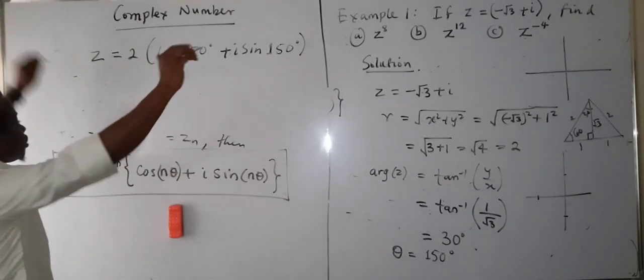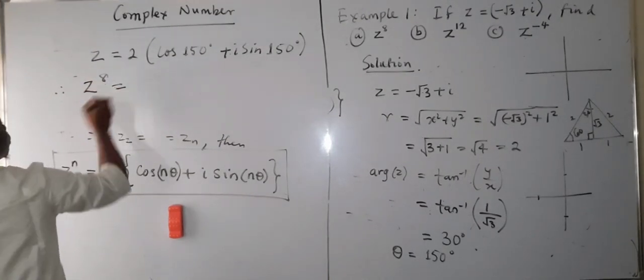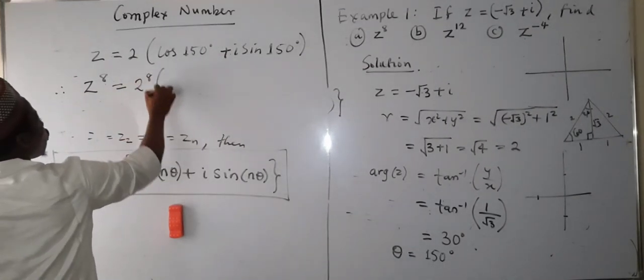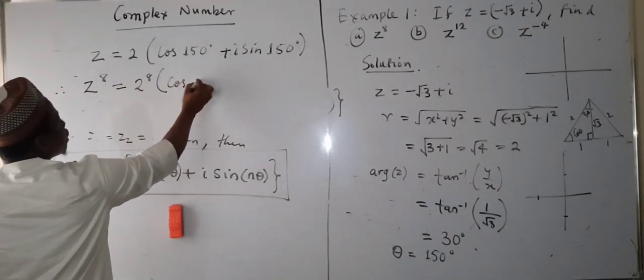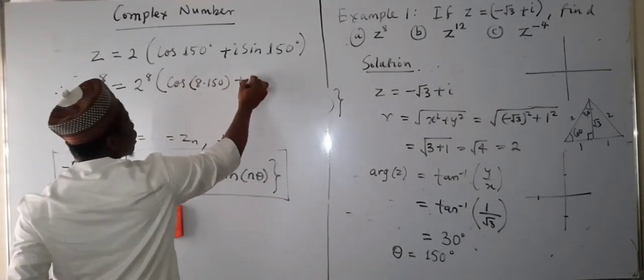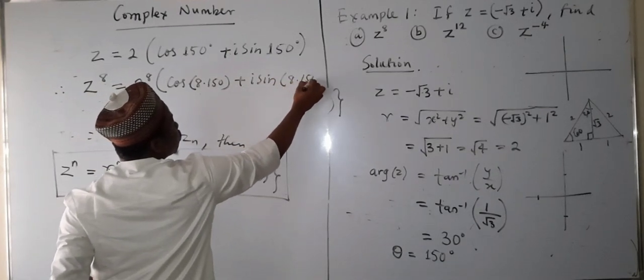Now, therefore, z raised to the power of 8 will be 2 raised to the power of 8, open bracket cos 8 times 150 plus i sin 8 times 150.